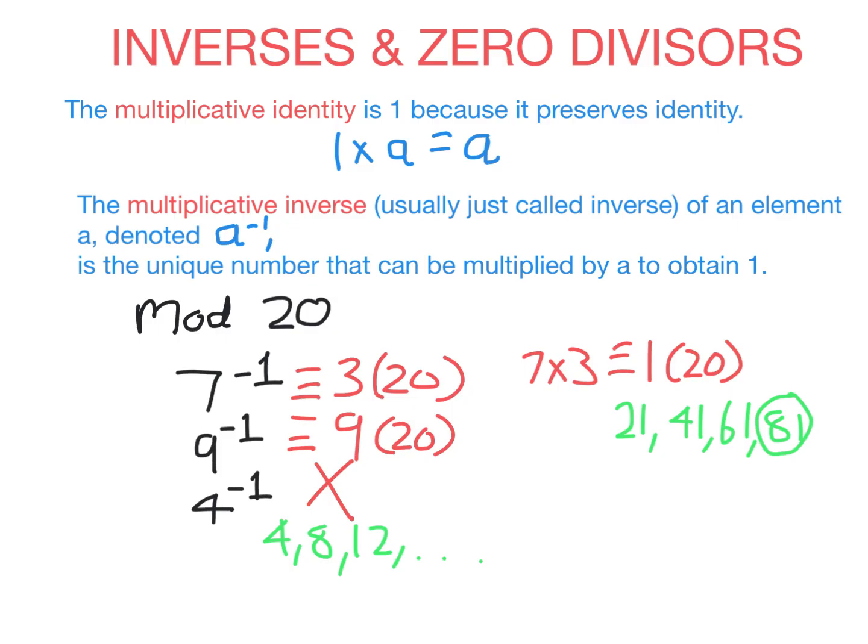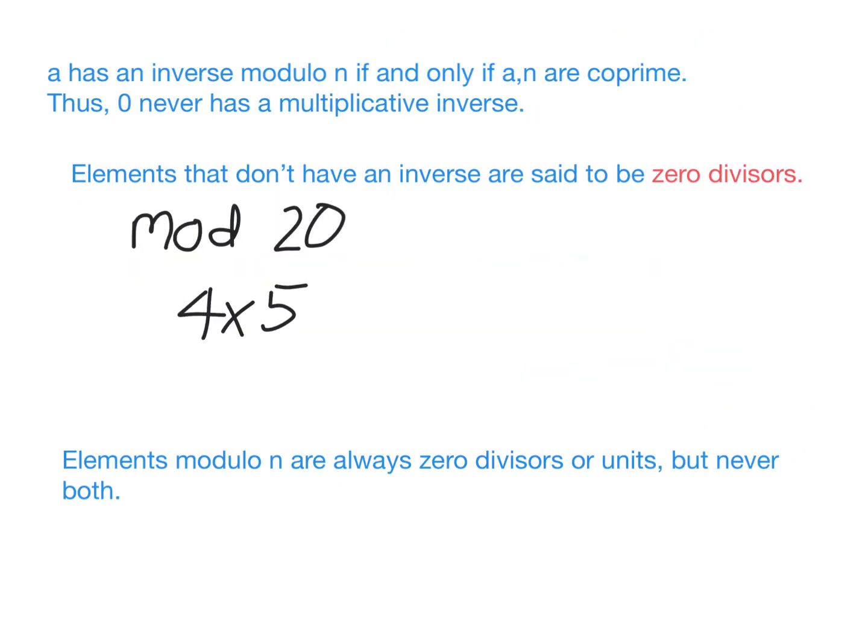Okay, wouldn't it be nice if we had a rule that tells us when a number has an inverse and when it doesn't? Well, fortunately, that was discovered long ago. It turns out that a number has a multiplicative inverse if and only if it's co-prime to the modulus.